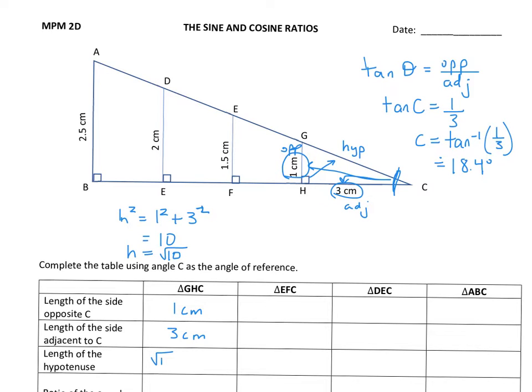So the square root of 10, which is approximately equal to 3.1623. And then we'll do the ratios after, but calculate what each one of these lengths will be, and then you can check your answer with the video.